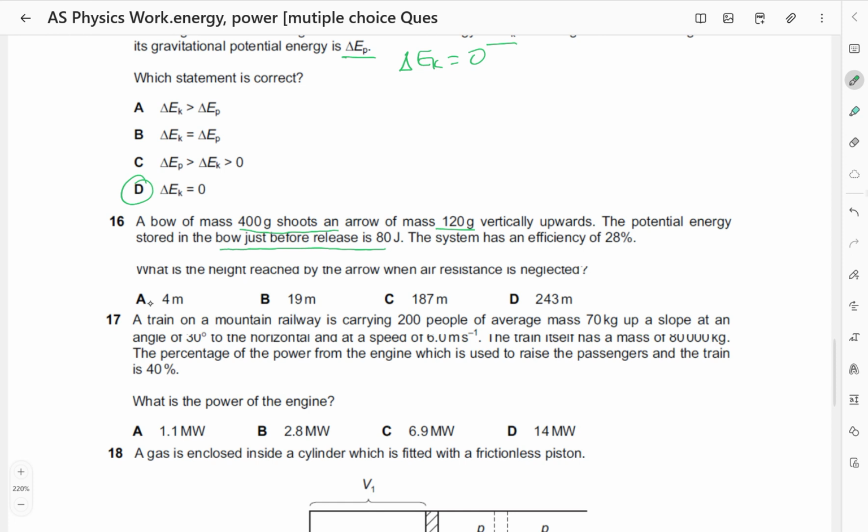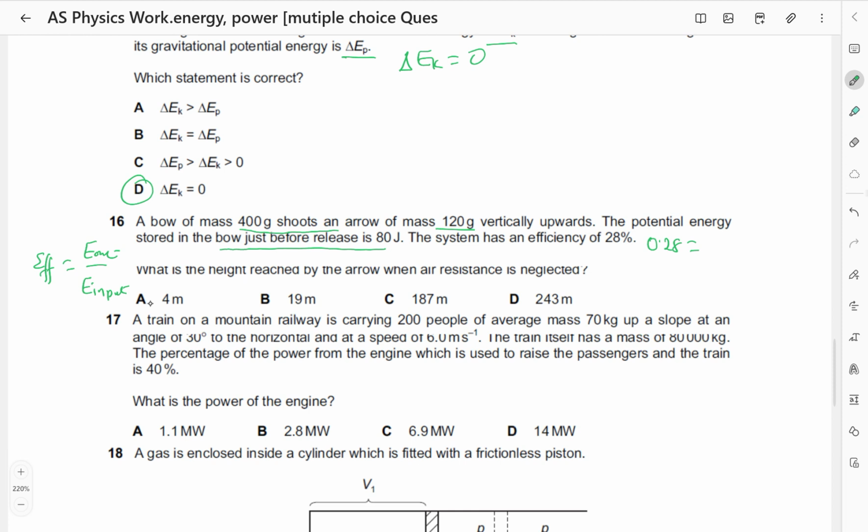So remember, efficiency is the useful energy output over the energy input. The efficiency is 28%, which is 0.28. What is the energy output?